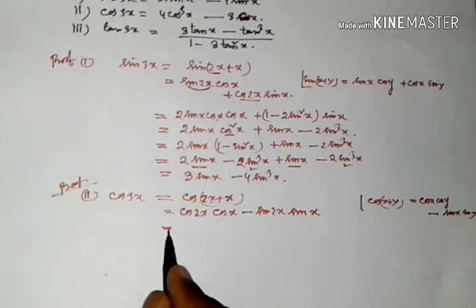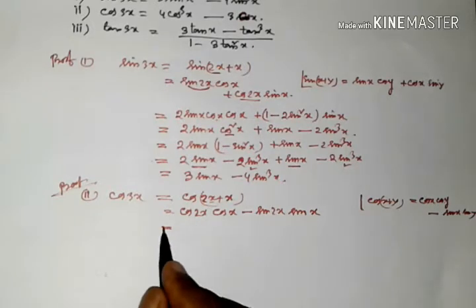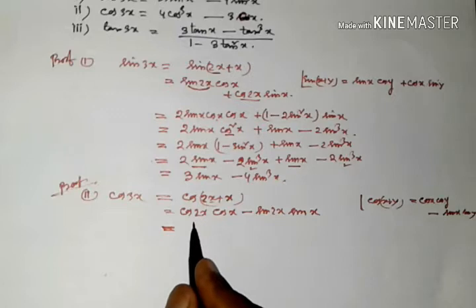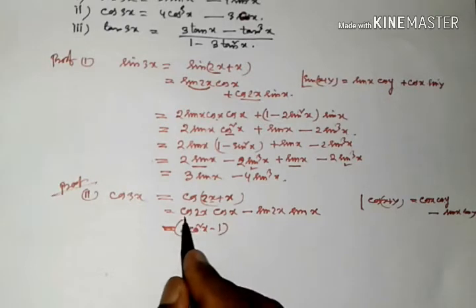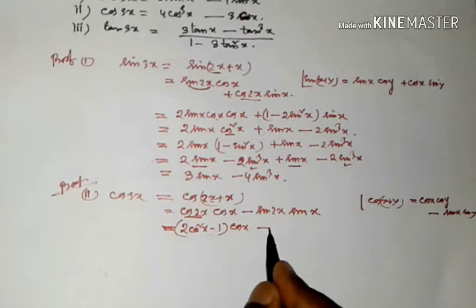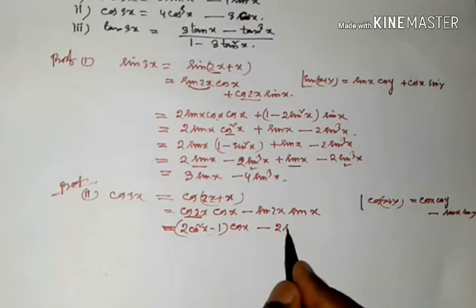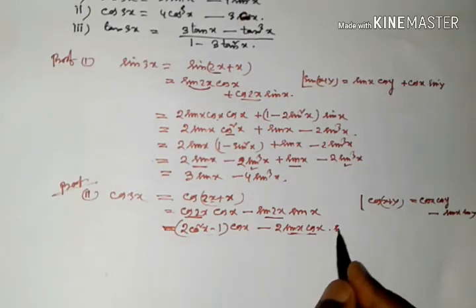I have to split cos 2x in terms of cos x. As we have learned in earlier classes, cos 2x is 2 cos square x minus 1, and sin 2x means 2 sin x cos x.